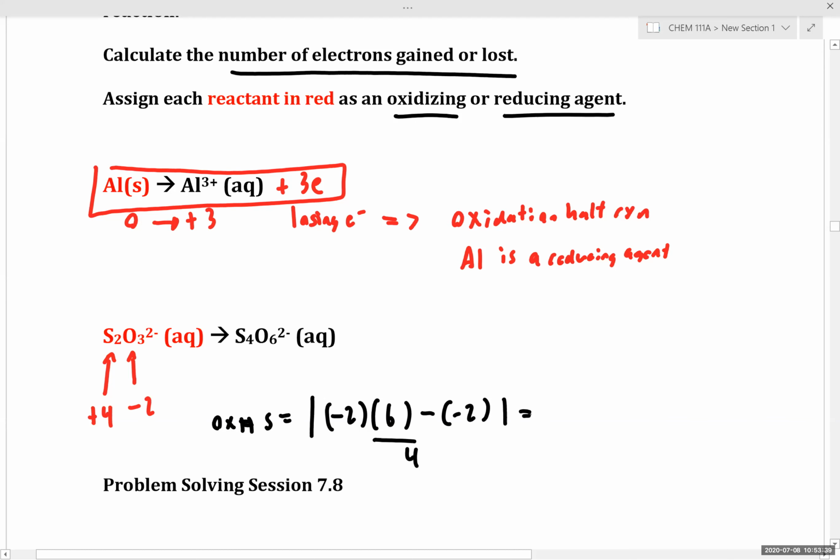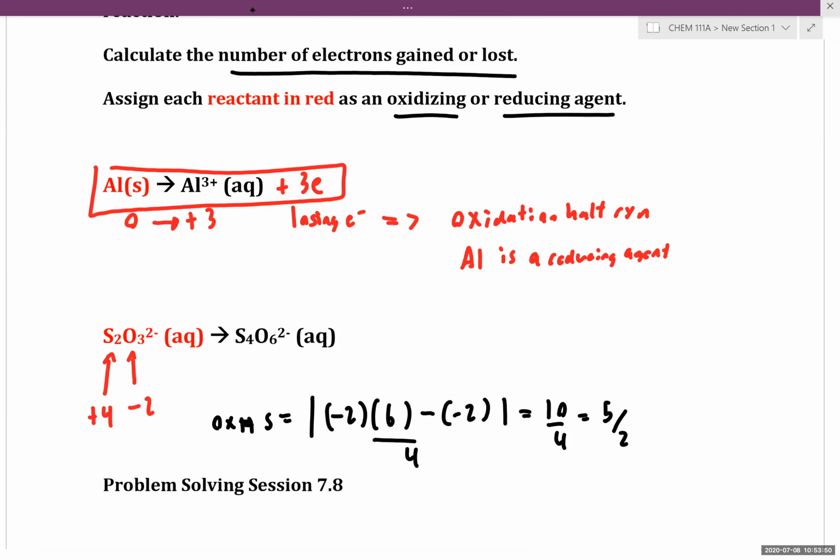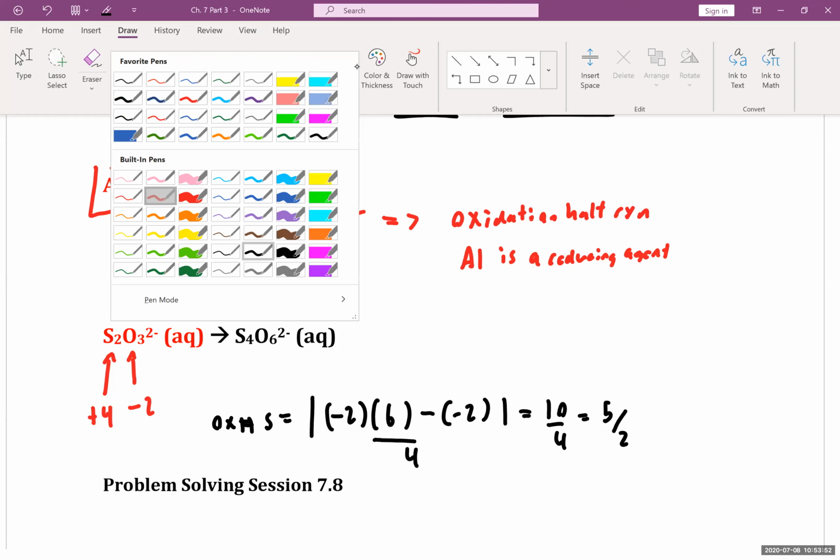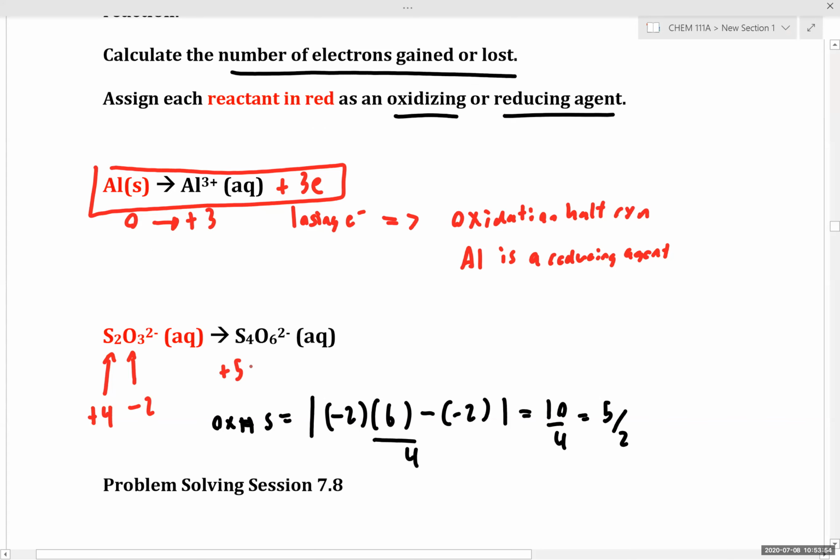That in turn gives us 10/4, which turns into 5/2. Okay, so we went from +4 to +5/2. So in turn, we went from an oxidation number of 2 to an oxidation number of 2.5.